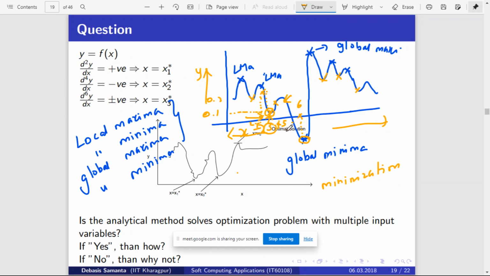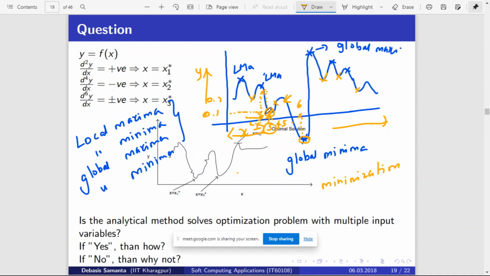So the challenge is, when you start somewhere else, how can we ensure that you will not get stuck in a local minima? It may happen that you get stuck. There is no generic solution to always find the global minima. There are a lot of chances that you may get stuck in local minima, right?